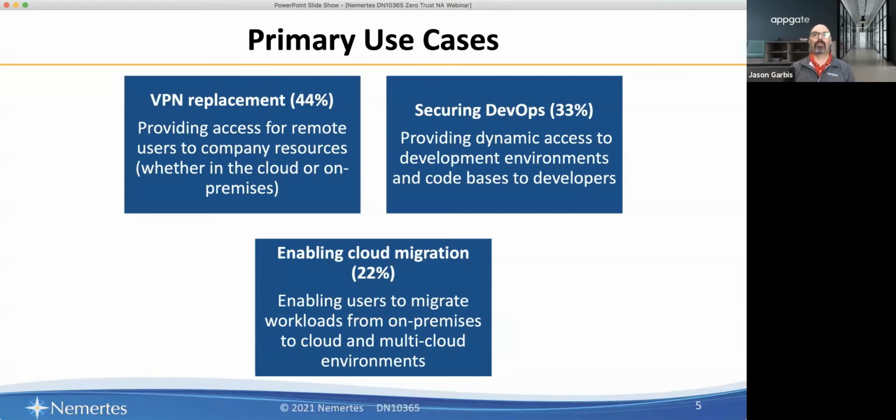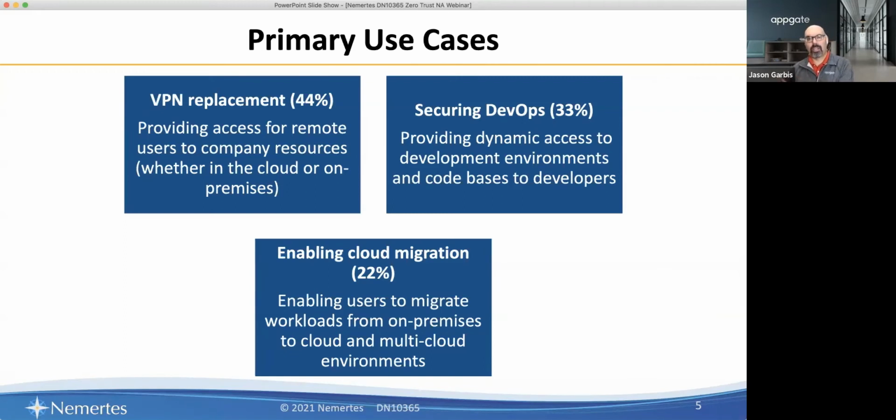And the VPN replacement, not surprising, has the preponderance of organizations saying it's their primary use case because of COVID, but also because it's very much low-hanging fruit. It's very easy to replace, and the benefits are very clear from a user experience perspective and from a security perspective. It's not on its own going to be something that's strategic.